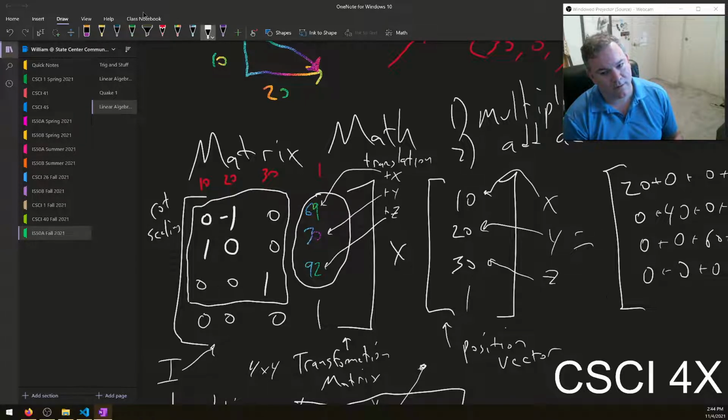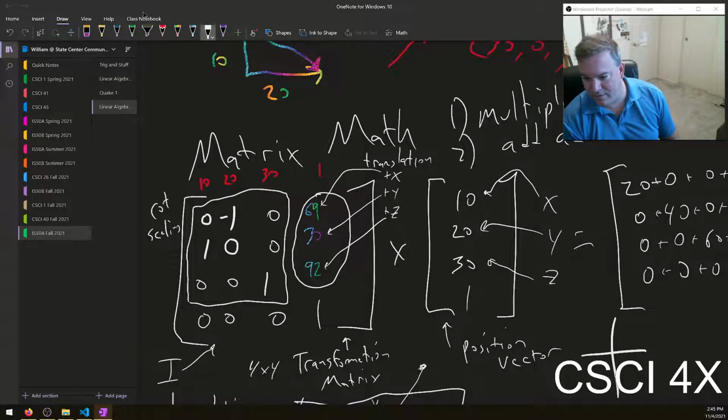Negative 20. 10. Let's see here. 10 is going to come in here. So it's going to be 10 in the extra. So we're going to start off at 10, 20 up here, and it's going to turn into 10 in the y direction and negative 20 over here. So it's going to be a counterclockwise rotation. Okay.